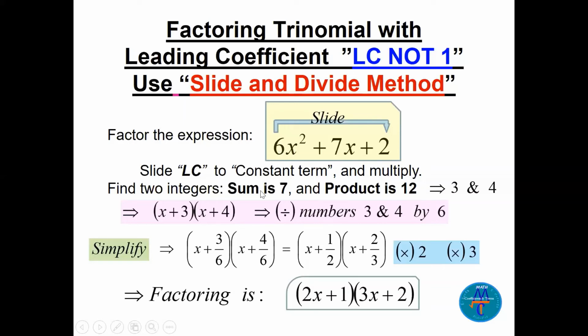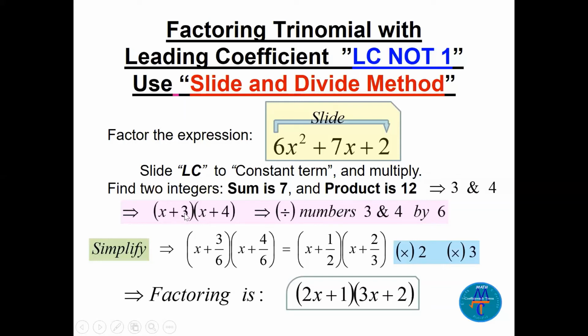Now find 2 numbers, their sum is 7 and the product is 12. Well, these numbers usually are easy. Again, the sum is 7 and the product is 12, the leading coefficient times the constant term. So this is the sliding, you slide. So these numbers are 3 and 4.